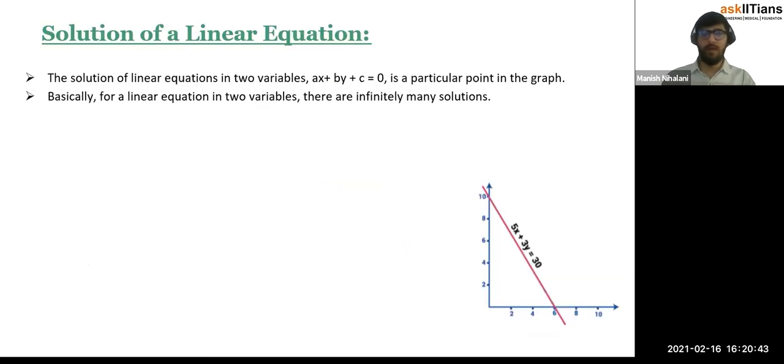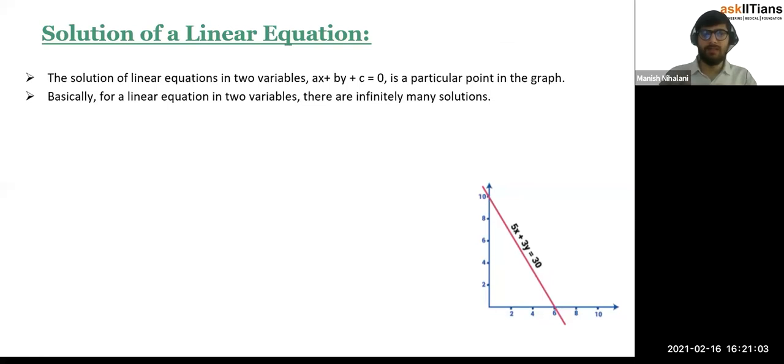Now let's move ahead and try to understand the solution of a linear equation. What do we mean by the solution of a linear equation? Here we are talking about just one equation. For example, as you can see in the graph, it is 5x plus 3y equal to 30.